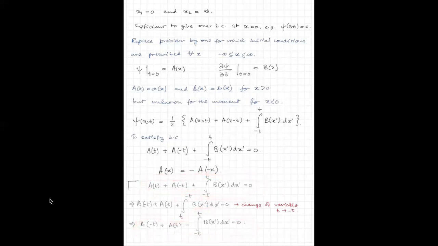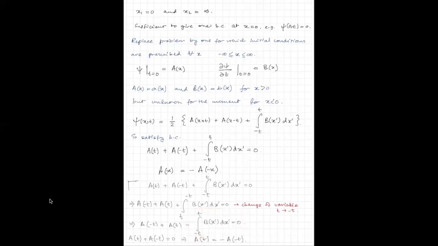That would just mean that a of t plus a of minus t is equal to 0. So that just means a of t is equal to minus a of minus t. Similarly, the integral of this guy is also equal to 0.